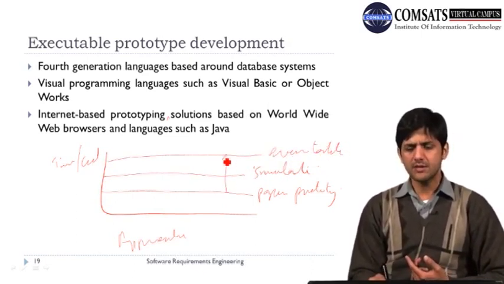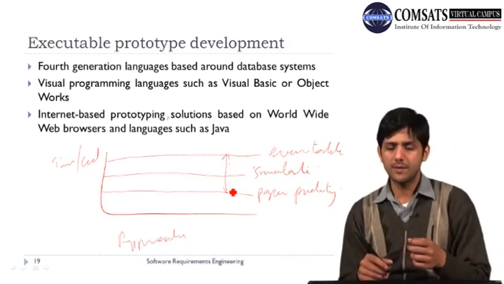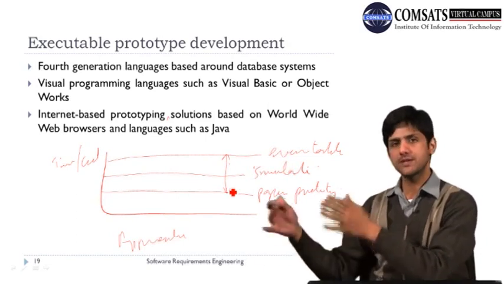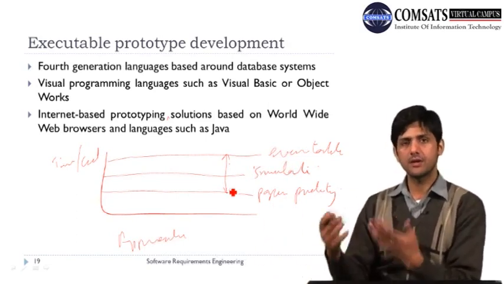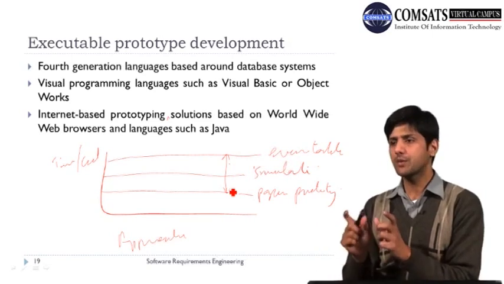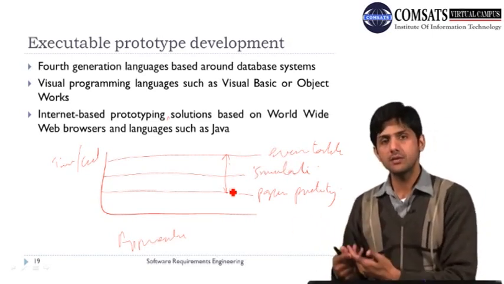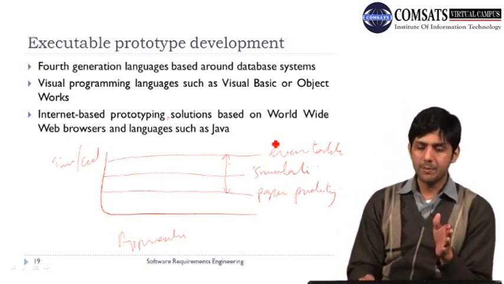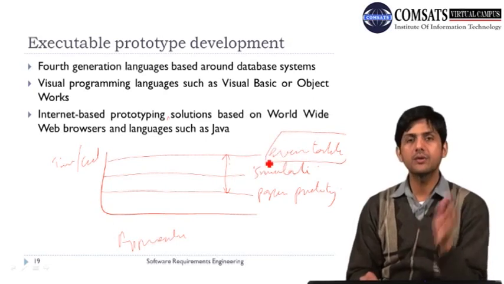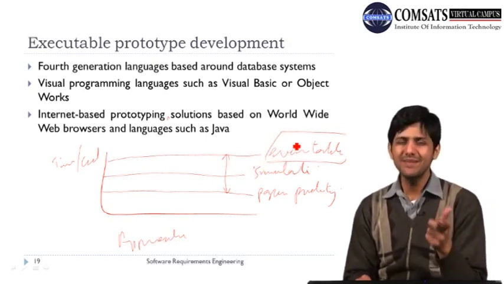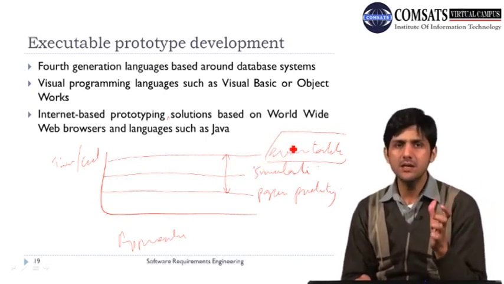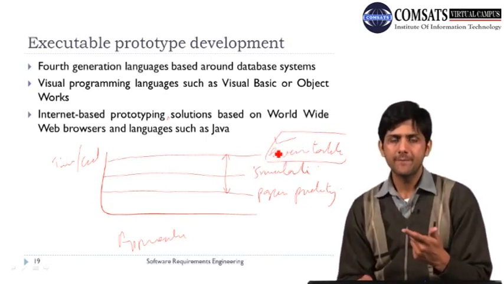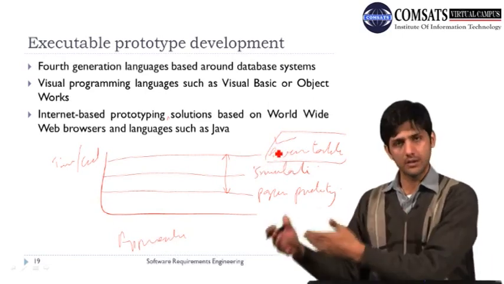This is just to indicate that with paper prototyping the cost would be lesser, because you're not asking your developer to sit down and develop a system. Similarly, when you're creating simulations, it is just a simulation of what would happen on different clicks, whereas when you're creating an executable, you're implementing some things. But obviously the more time and cost you spend here, you are going to recover later on. So it can be said, not with certainty, but we can say that if we make an executable prototype, it will save more rework.